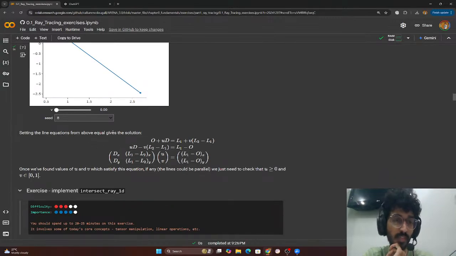And setting the line equations from the above equal gives the solution. Makes sense.